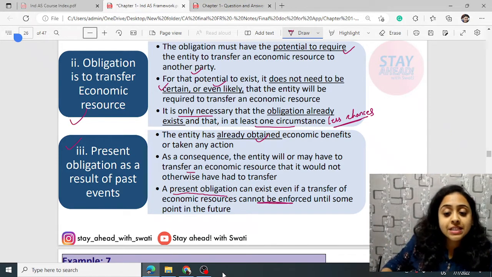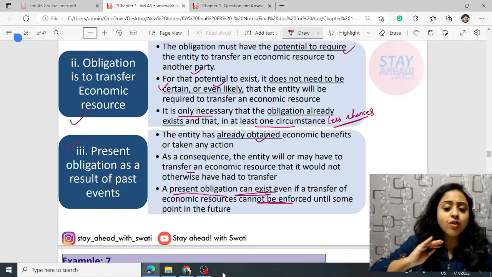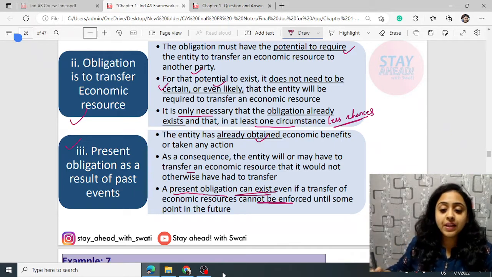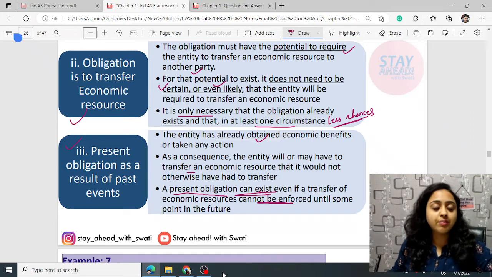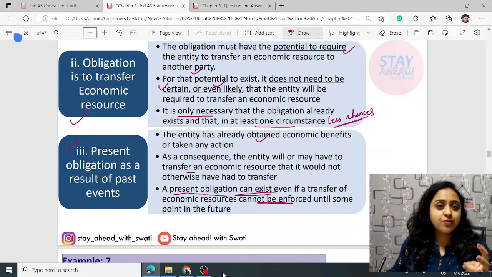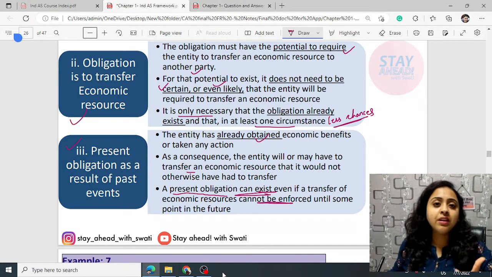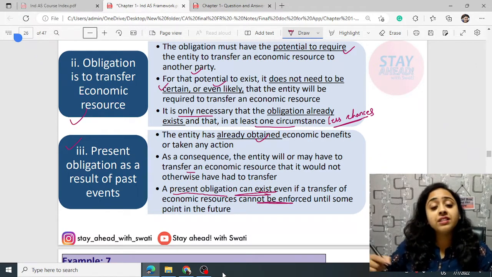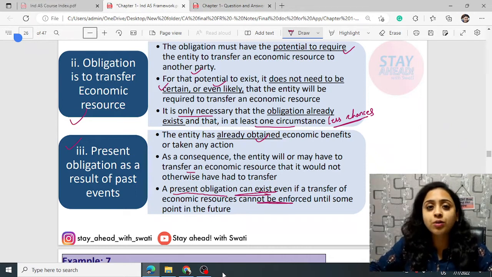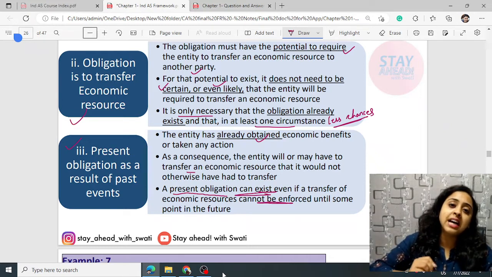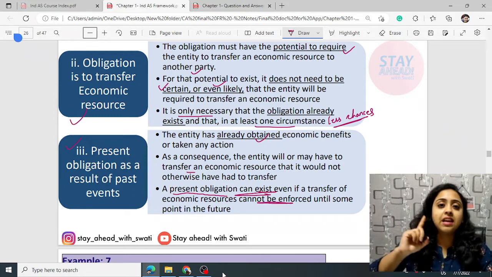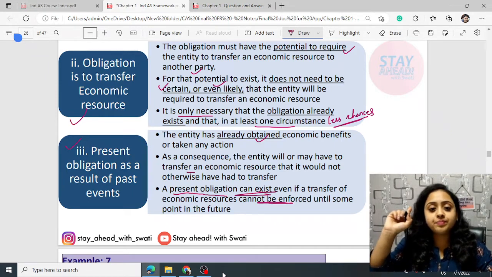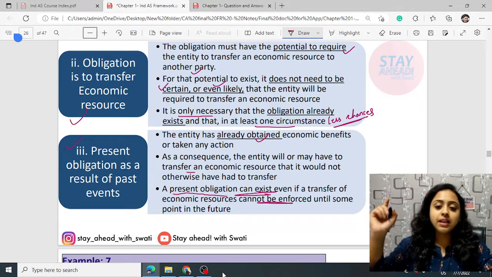A present obligation can exist even if the transfer of economic resource cannot be enforced until some point in time. Got it? So it happens due to the past event, and even if there is a future commitment, still it will be considered that the obligation exists, liability exists. Are you clear? Let me know.